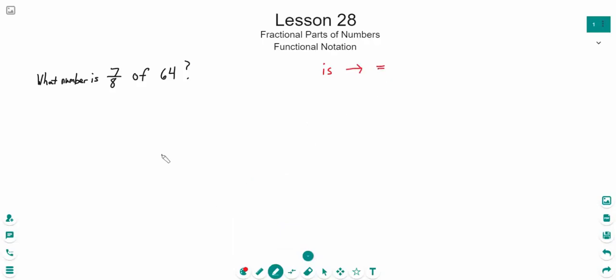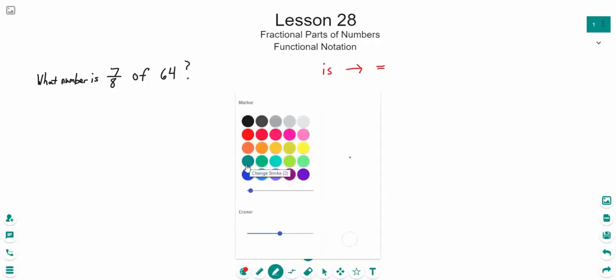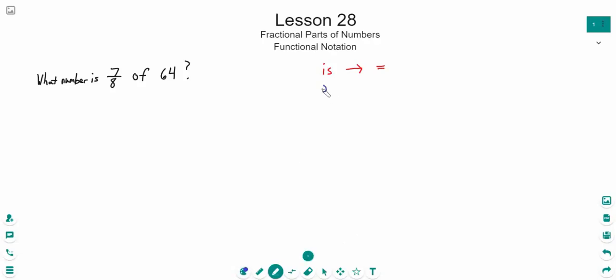You can just throw in an equal sign where you see the word "is." The other clue word is the word "of," and almost always that "of" is going to represent multiplication. If you can remember these two things, it makes life a lot easier with these problems.